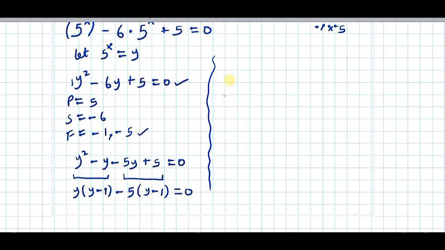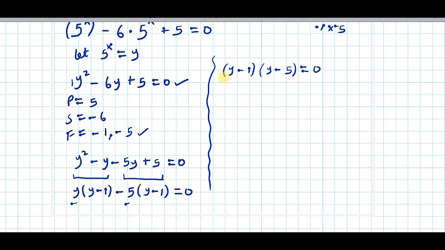Well, from here we can say y minus 1 is a common factor, so we factor it out, and then inside the bracket we'll have y and negative 5. So we have y minus 5. The right hand side is still 0.